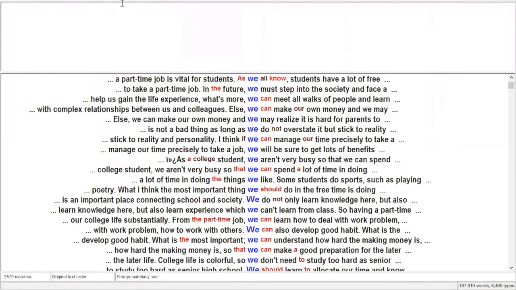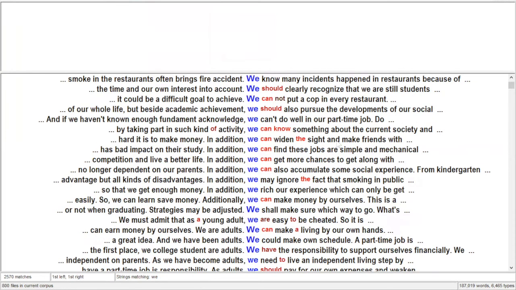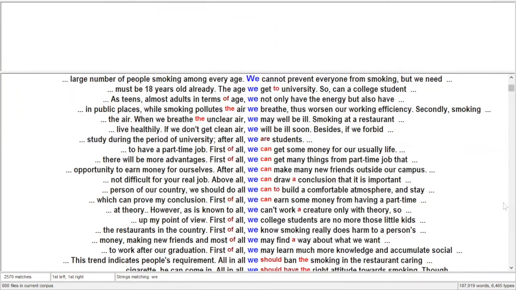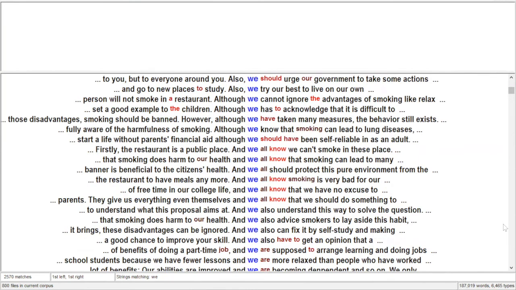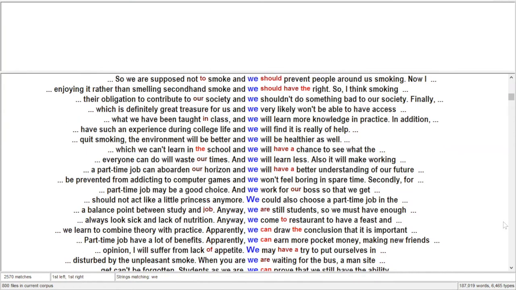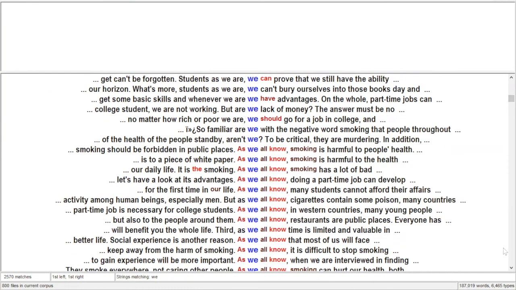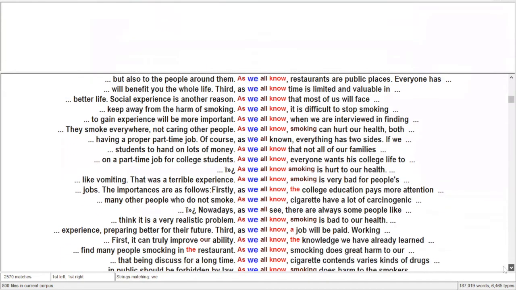Let's sort these on first left and then maybe first right. All in all, also we should, we can, as we all know. As we all know.